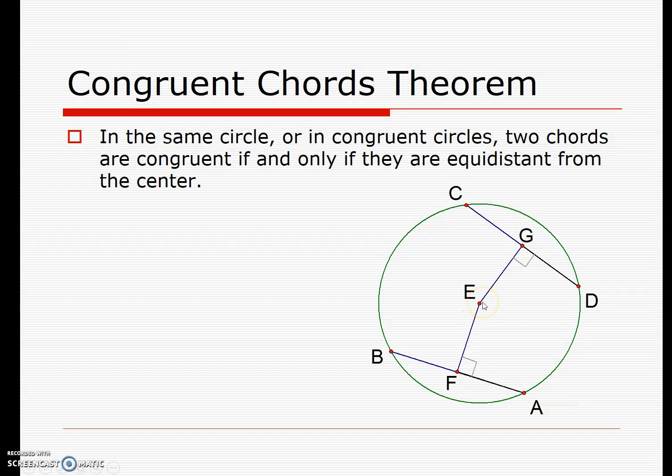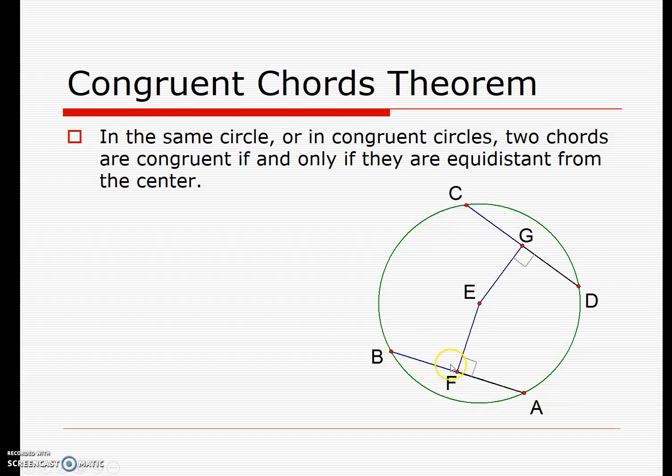What is important to note is, do you see how we have right angles here? This is important. If we don't have these right angles, then we can't say that these guys are the same length. That's the only way to guarantee that we have equidistant pieces here. Think back to when we found the distance from a point to a line. We found the perpendicular line to it and then found the distance, because that's the shortest distance, okay? So this right angle has to exist, like in that last theorem we just talked about.